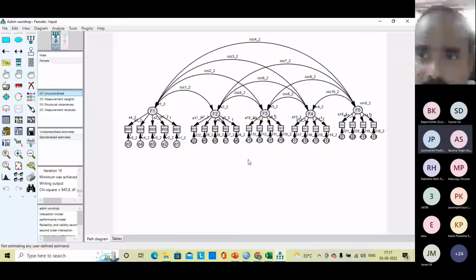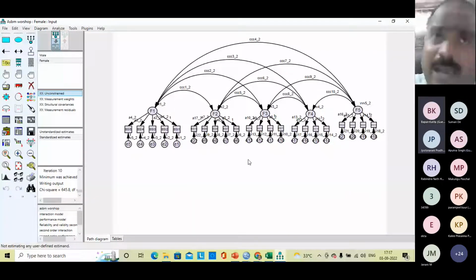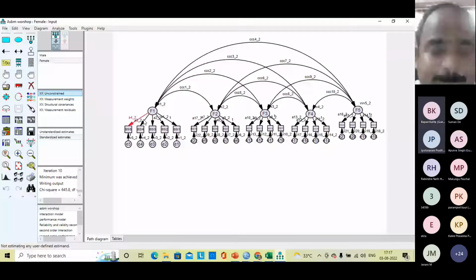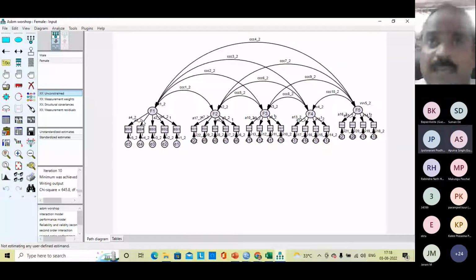If we constrain something, then we will compare with the unconstrained values. If you are making a constraint for the factor loading, that is, the factor structure, we will constrain the factor structure and test by comparing the unconstrained value with the constrained value, which is called metric invariance.